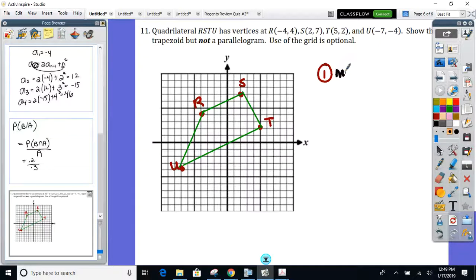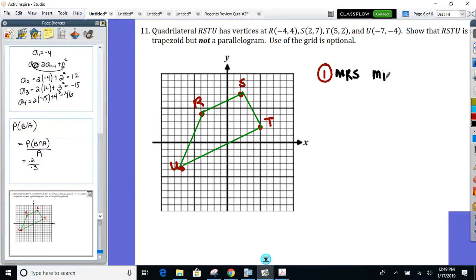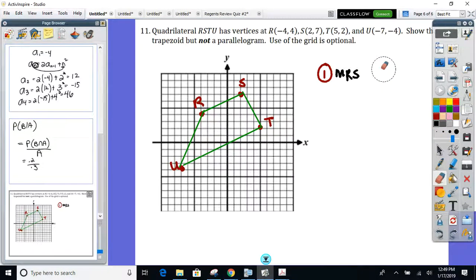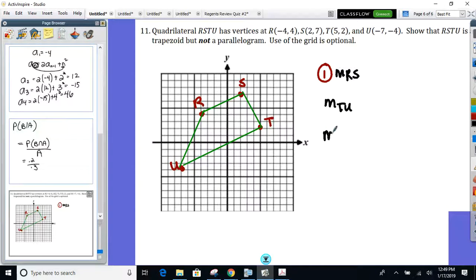Okay, so let's go slope of RS, slope of UT, slope of ST, and slope of RU. Okay, RS: up 1, 2, 3 over 1, 2, 3, 4, 5, 6, so 1/2 for RS.